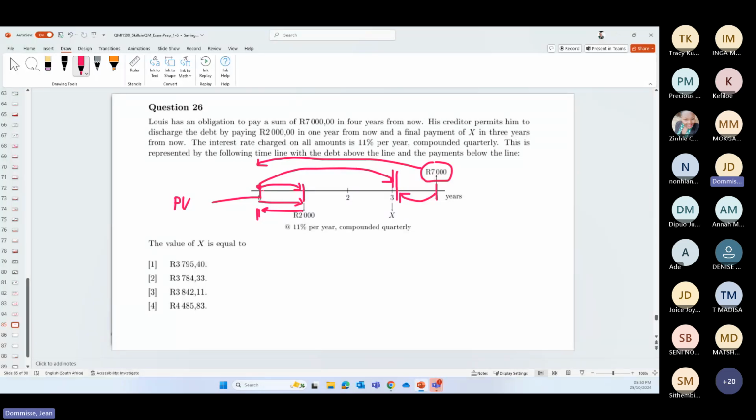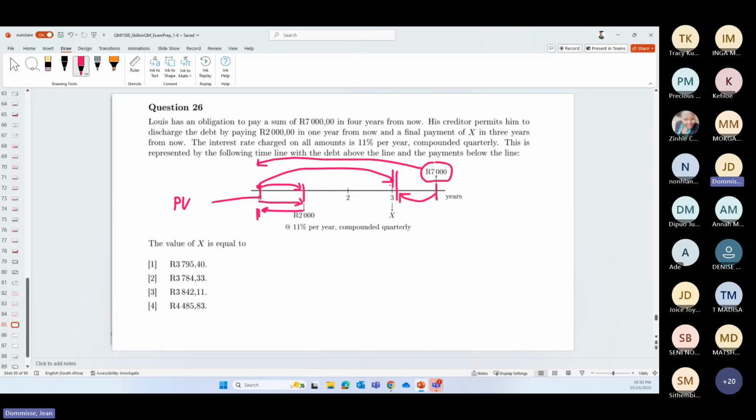If we subtract, then we can have a present value of that 1 and 3 years, so then we can work out the x. That's one way. The other one is, and I don't know if I can assume that, if I work this back to year 3, that would be my future value of that present value, because I'm not paying it over 3 years, I'm paying it over 4 years.